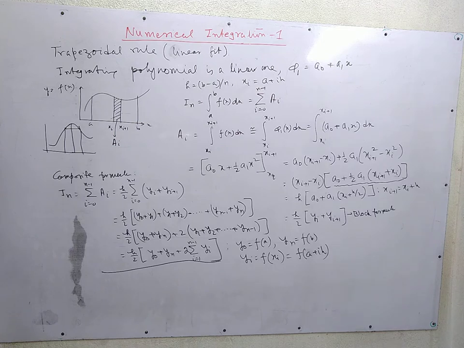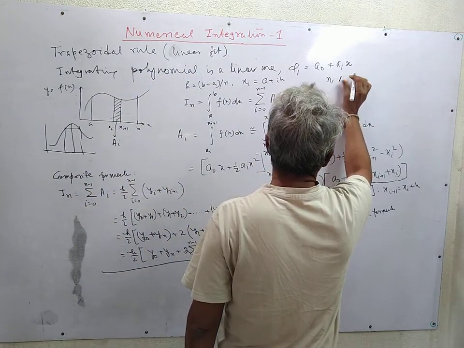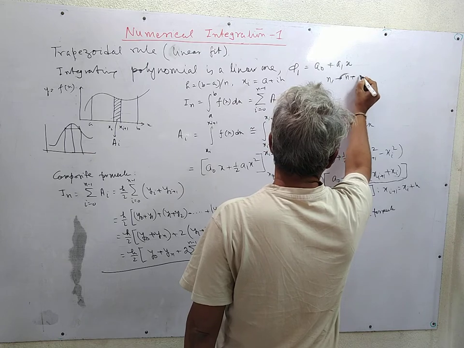As for example, if we go on increasing n values, there are integrands for which the trapezoidal rule does not give a convergent result. By convergent result, we mean that as we go on increasing n values, starting from n and changing n at each step by delta n, that is, we start with n and then increase n to n plus delta n.